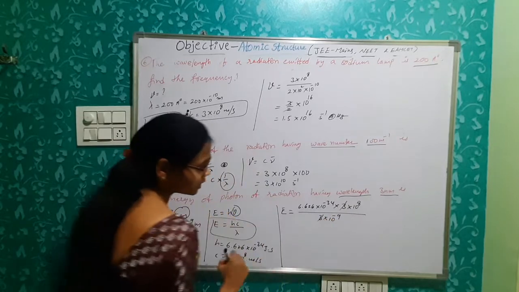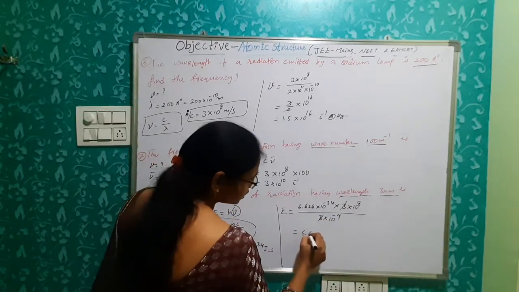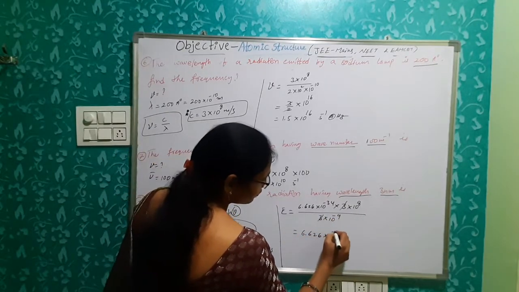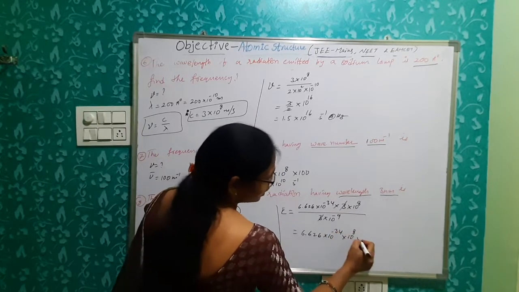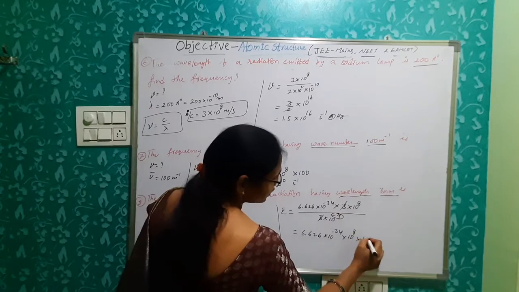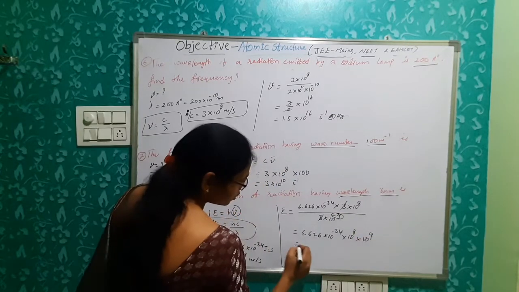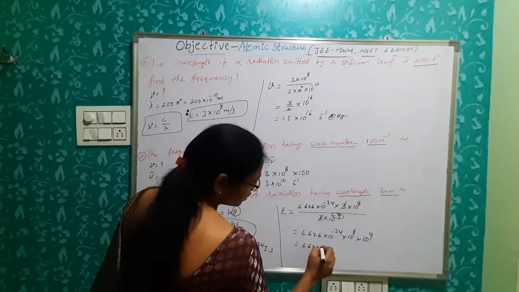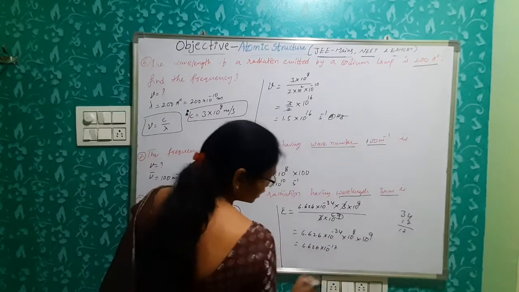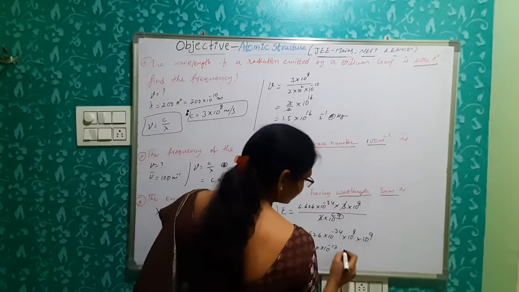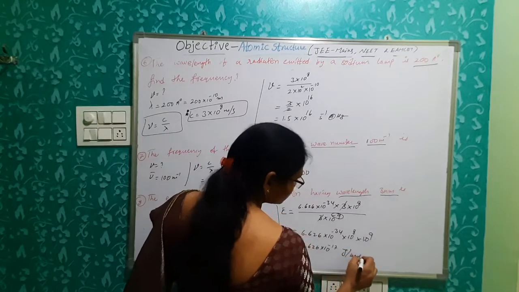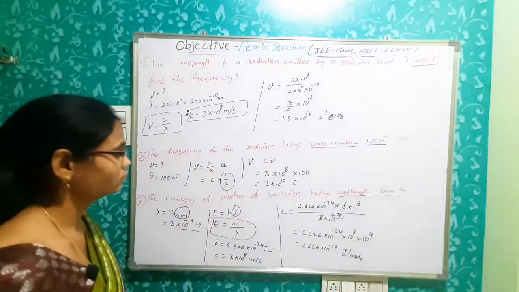The 3s mutually cancel. 6.626 into 10 power minus 34 into 10 power 8. 10 power minus 9 will become plus 9. So how much? Simply 10 power minus 17 joules. Okay, clear?